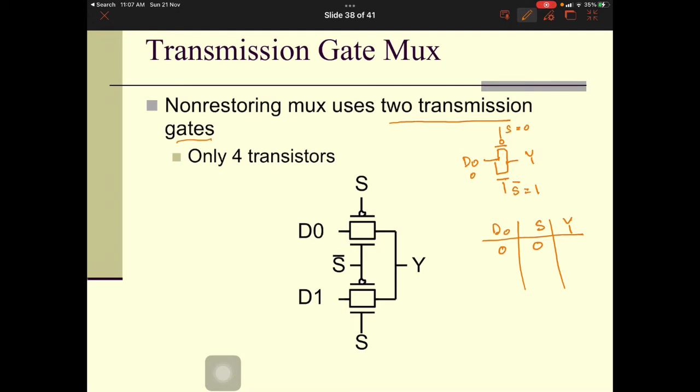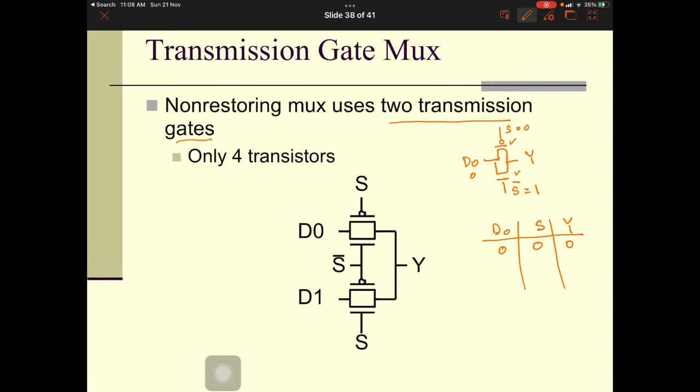Okay, so in this case you can see over here this NMOS transistor, because S bar is 1, it will be turned on, and S equals 0 will turn on the PMOS. So Y will follow D0, so since D0 is 0, Y will be 0.